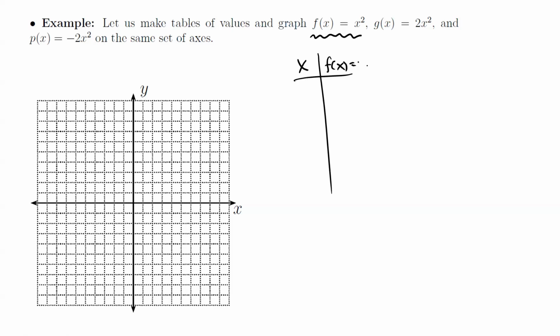So f of x equals x squared. So here are my typical values that we like to put in our table in order to sketch the graph. I'm just going to put the y values that we know we get. So make a sketch of this.